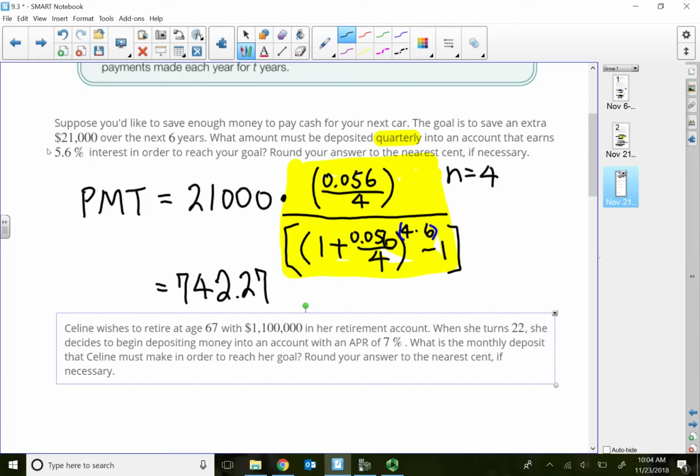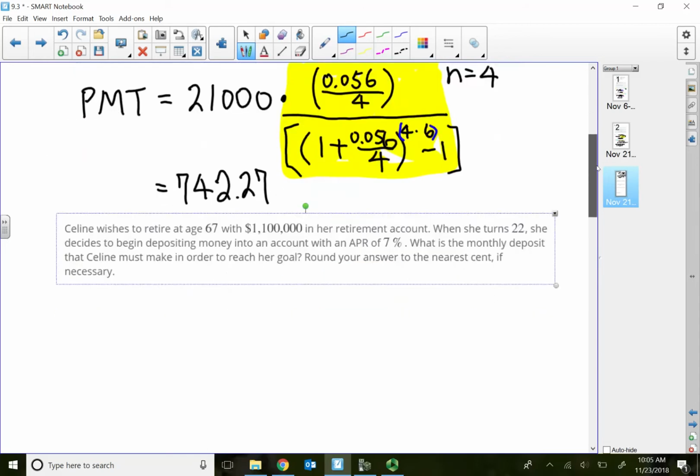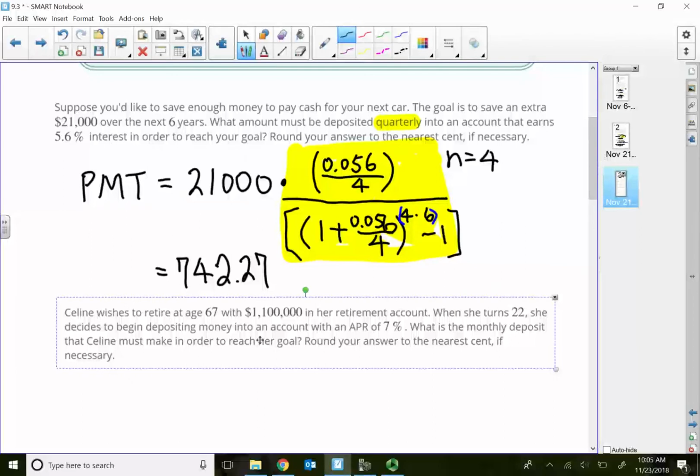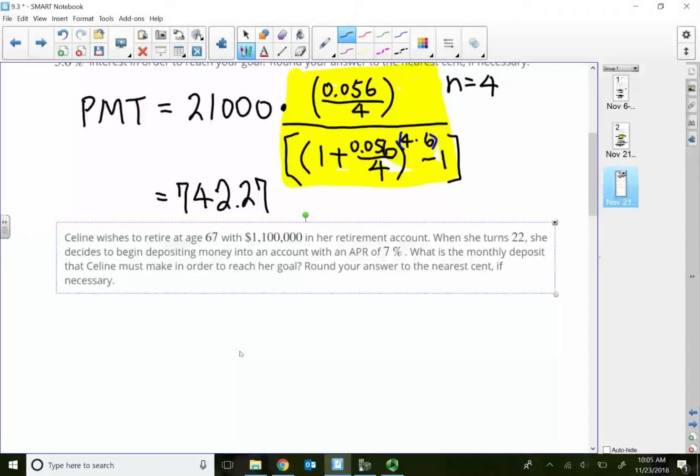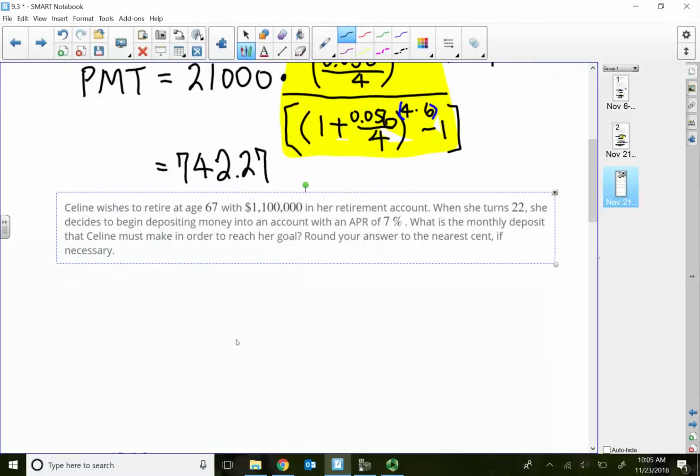Believe it or not, a lot of people like to buy a reliable used car, where they can save a little bit of money, buy a good used car, and then while they drive that car, keep on saving more money for the next one. So that's a good way to keep yourself out of debt.